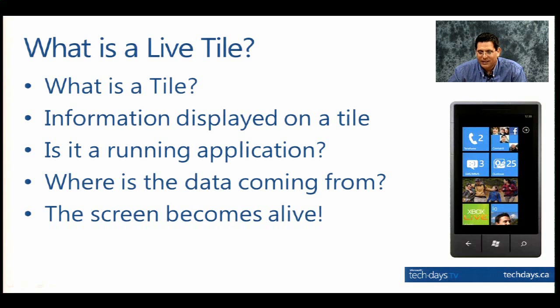So where's the data coming from? Well, it could come from various sources. First, a running application must create a tile in order for the tile to exist. A running application gives the tile its initial look, and it could terminate or get navigated out of. For now, the tile is really no more than an icon. How do we bring it to life?